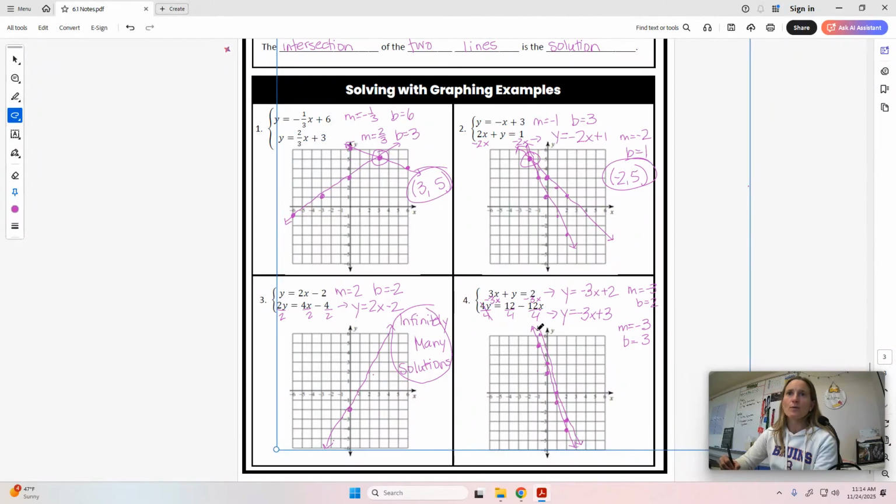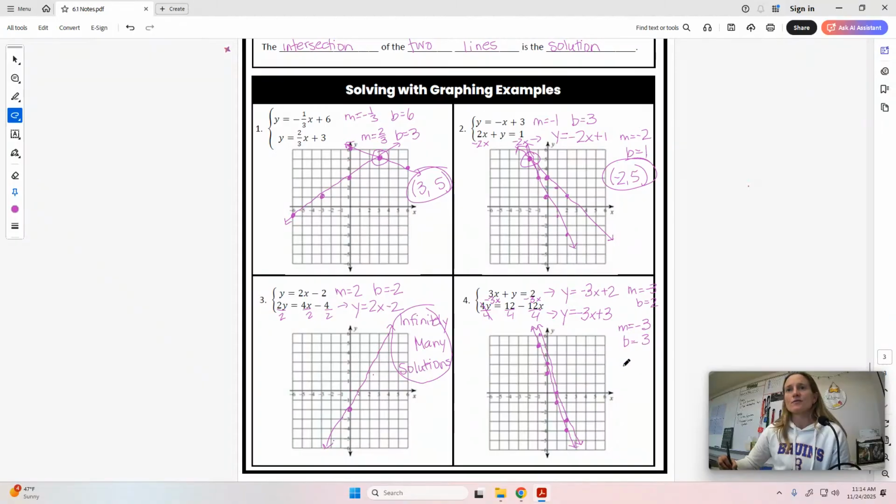They have no points in common, ever. They're never going to get any closer. They're never going to get any farther apart. And so therefore, parallel lines give us no solution. There are no values that are going to make both equations balanced at the same time.